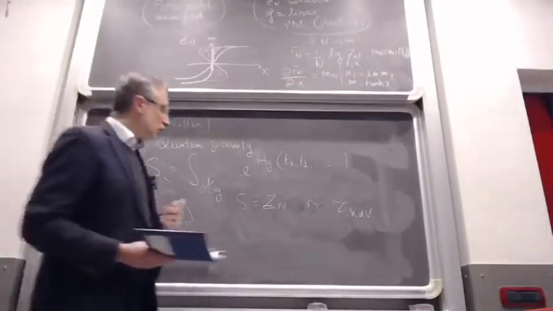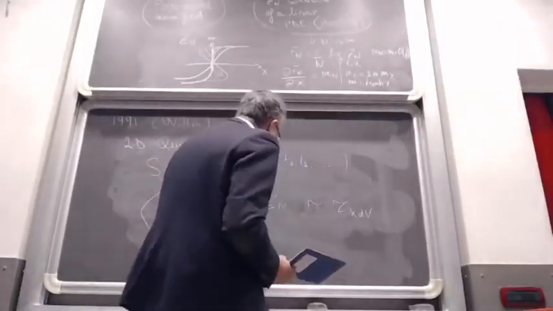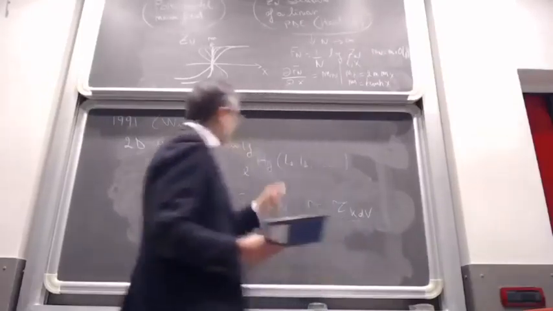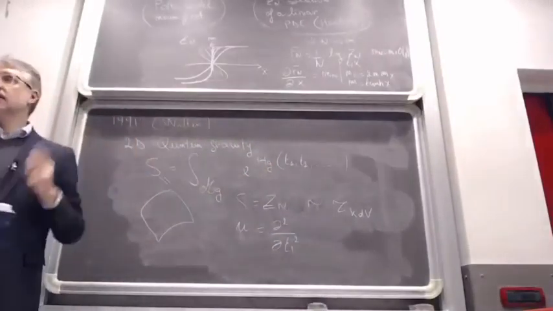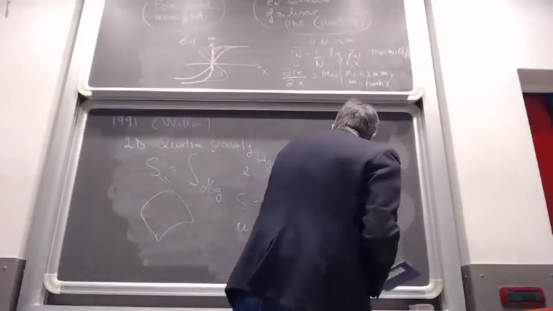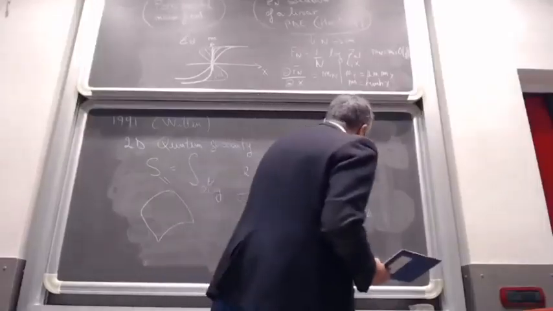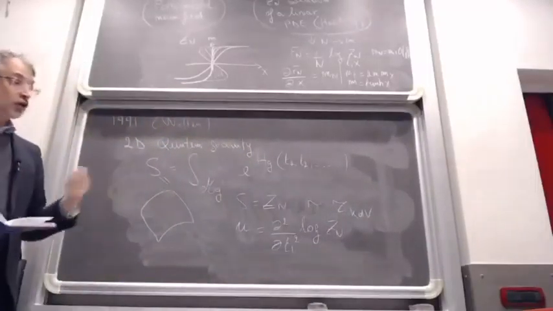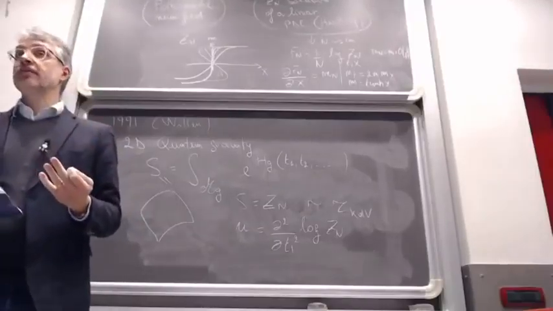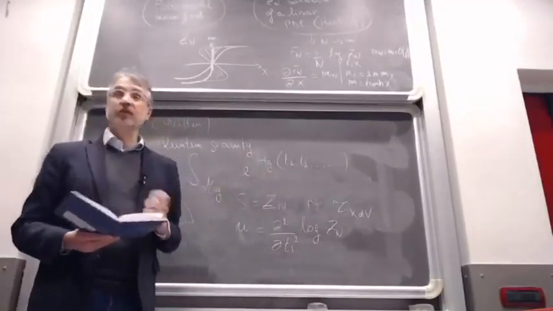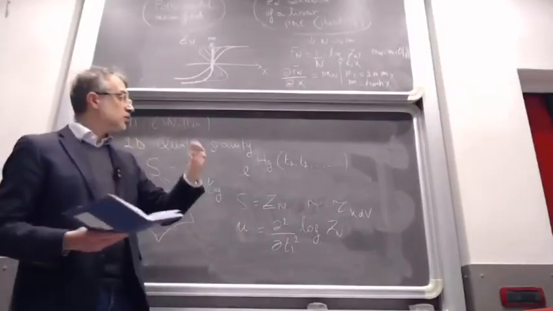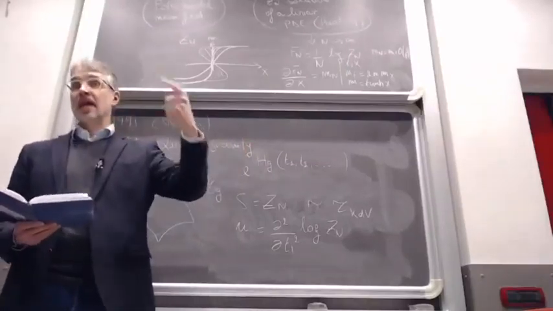And Witten suggested that if you calculate the function u, which is given by the second derivative with respect to the first coupling constant in this hierarchy of the logarithm of Z, this function u satisfies the KdV hierarchy with respect to these times. So T1 is interpreted as the space variable in the hierarchy. T2, T3, and so on are interpreted as the times of the hierarchy.